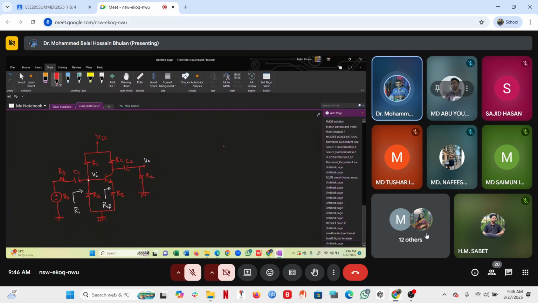For that, the next step should be to draw the AC equivalent circuit. Okay. So how can we draw the AC equivalent circuit? Steps.